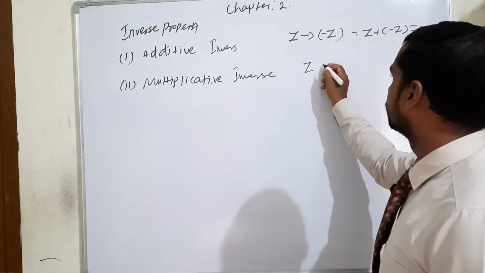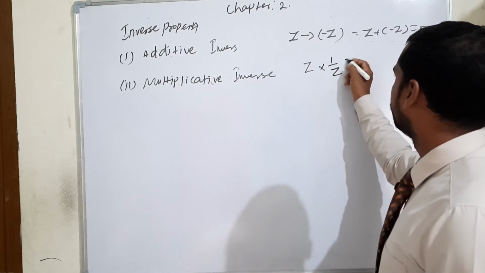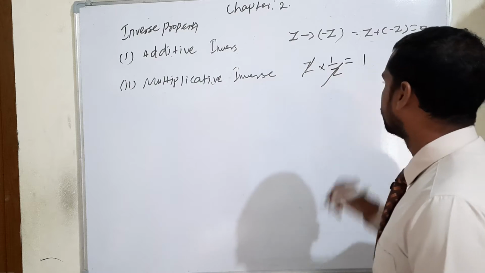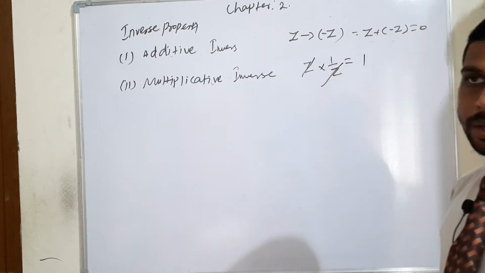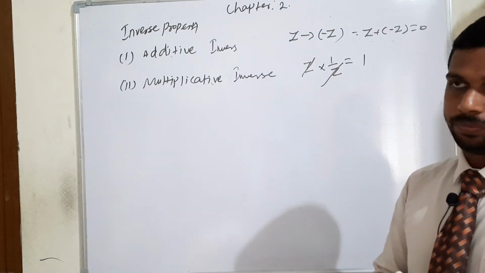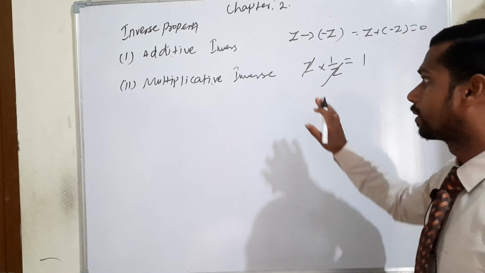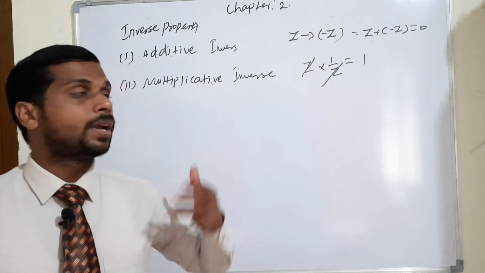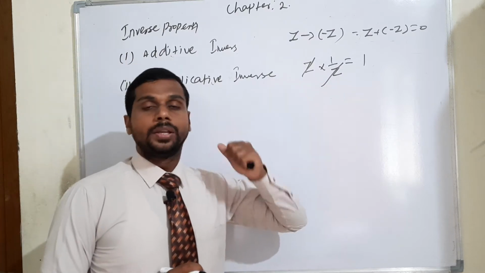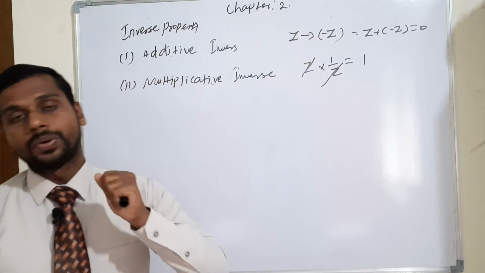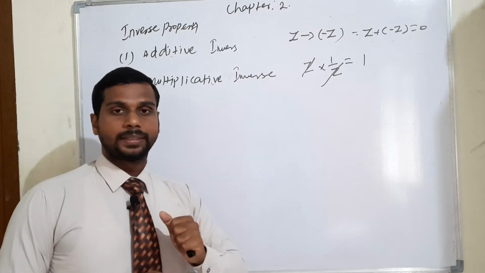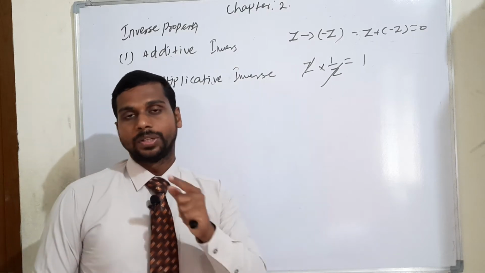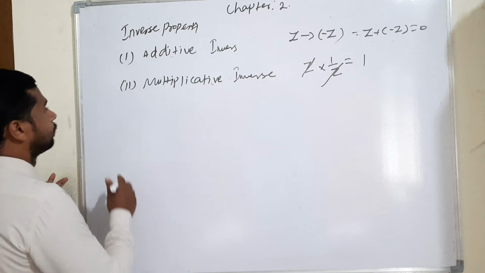So when you apply the reciprocal to the complex number, you get 1. Now I hope you understand the difference between additive and multiplicative inverse. Then the last of the important properties of complex numbers is the distributive property.